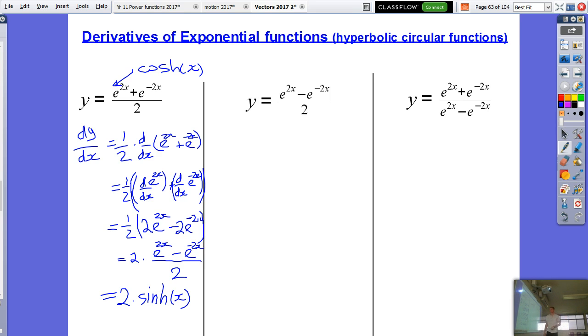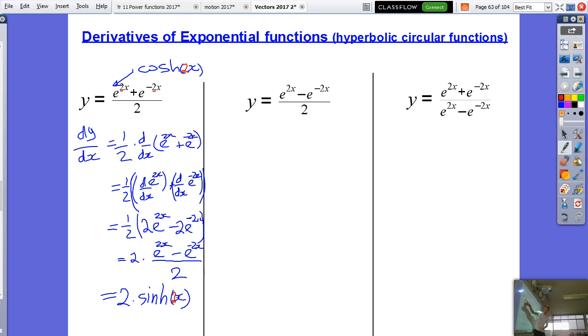It's not your regular sine. That's correct, it behaves very much like a regular sin, cos and tan. Because of the 2 there, this is a cosh 2x. So the 2 in the cosh function comes out as a factor. I forgot the 2 there, that's better.